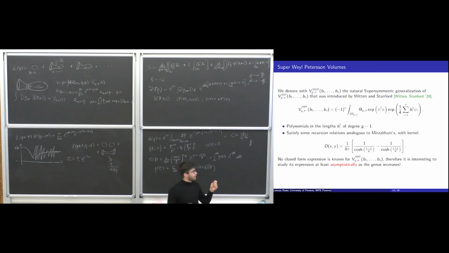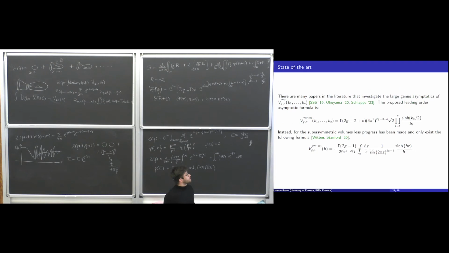As I was saying, no closed form expression is known for them, so mathematicians thought it would be interesting at least to study their expressions asymptotically as the genus increases, where it is easier to understand their structure. So what's the state of the art?